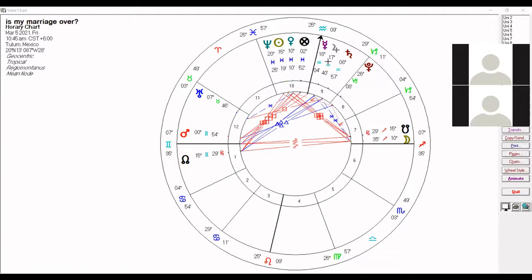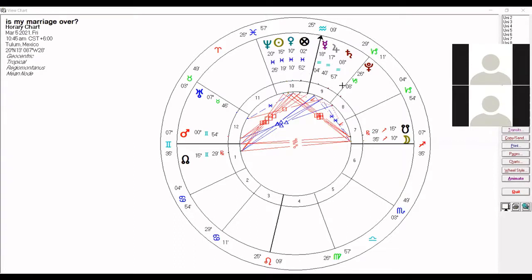So the faster planet is leaving the connection to the slower planet, and that is what's happening here. Now, however, there's another third party kind of thing happening that ended up keeping them connected, that I'll come back to in this chart and we'll talk about in another context. But there is an example of separation.